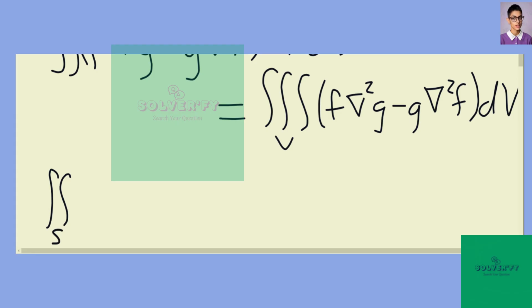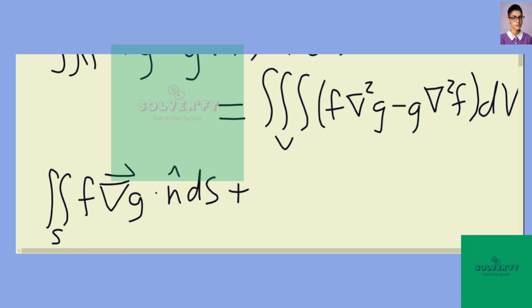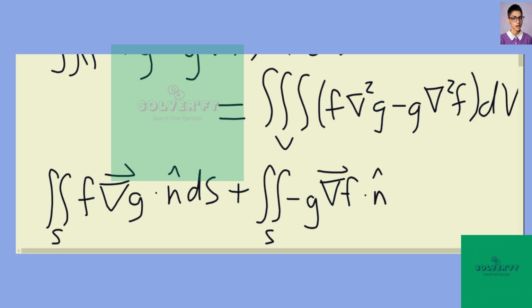So we have the surface integral of our first gradient, f gradient g, dotted into n hat dS, and then plus our other part, which is the surface integral of negative g gradient f dot n hat dS.